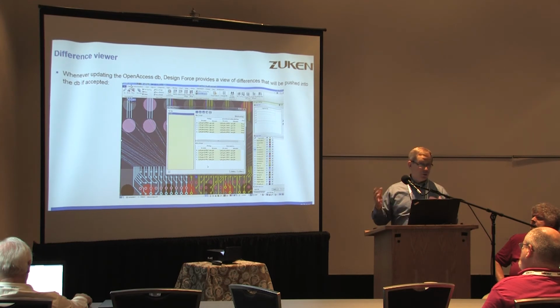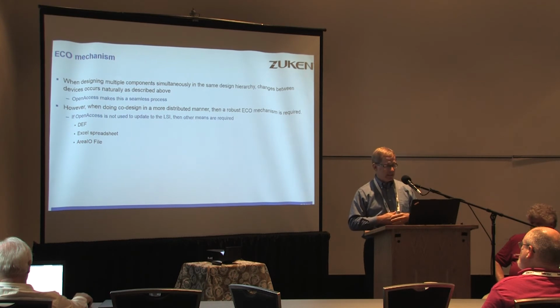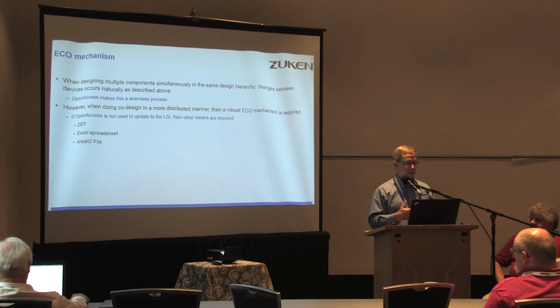And other tools, if they're going to implement a good co-design solution, should have something like this. That's all part of the ECO mechanism, being able to identify what you're allowing to change and provide a seamless process. OpenAccess gives us that to be able to update those changes as data goes back and forth.